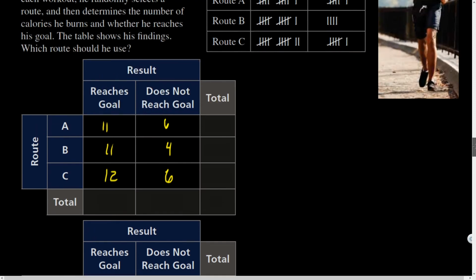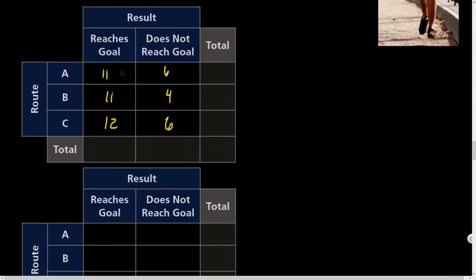Okay, and let's fill out the totals. 11 and 6 is 17, 15, 18, 22, 34, 10 and 16. And do these add up to the same thing? That's 40. Yep. All right.